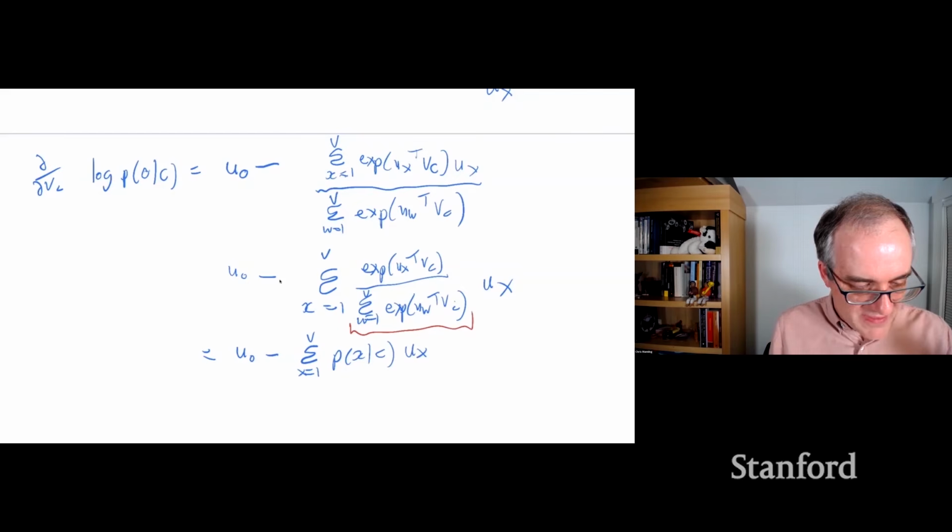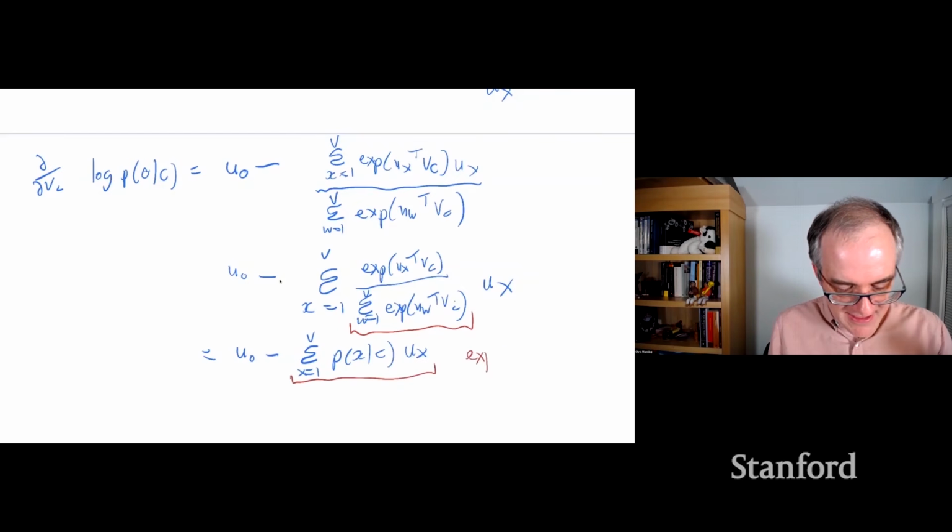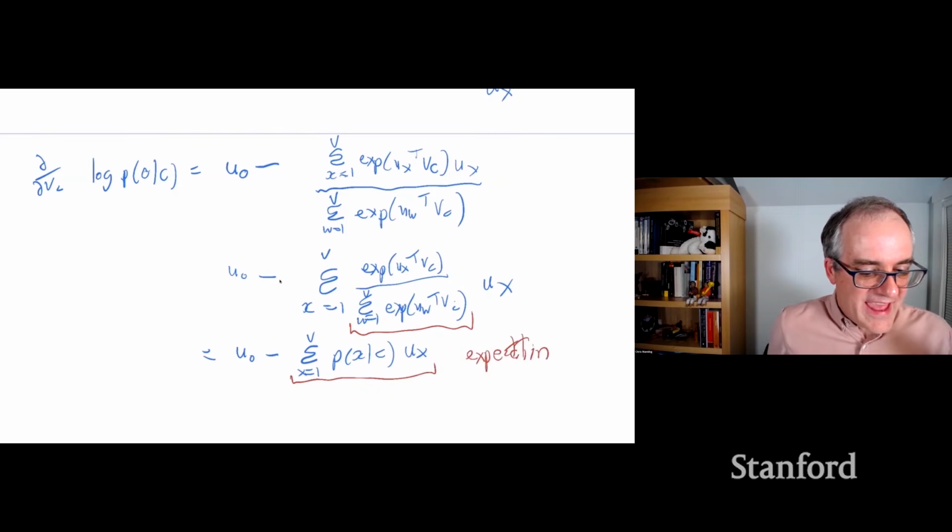And this thing here is an expectation. This is an average over all the context vectors weighted by their probability according to the model.